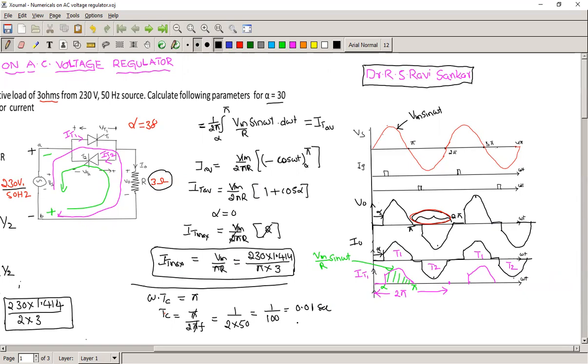This is very, very important, because when you are going to find out the turn-off time, the frequency is a major parameter. Whether the problem gives 50 hertz or 60 hertz, that you have to see. So this is the second bit.